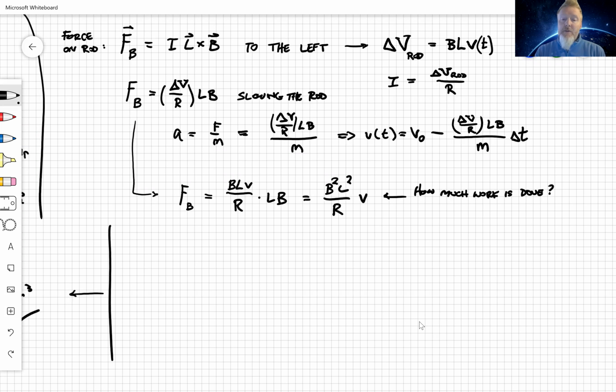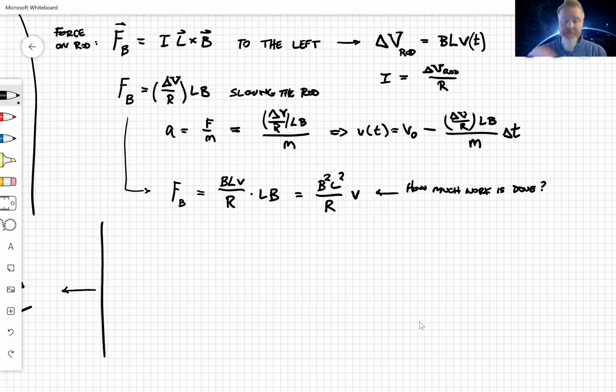How much work is done by this force F? Well, in order to do that, this force is changing as the rod slows down, right? Because it's a velocity dependent force.